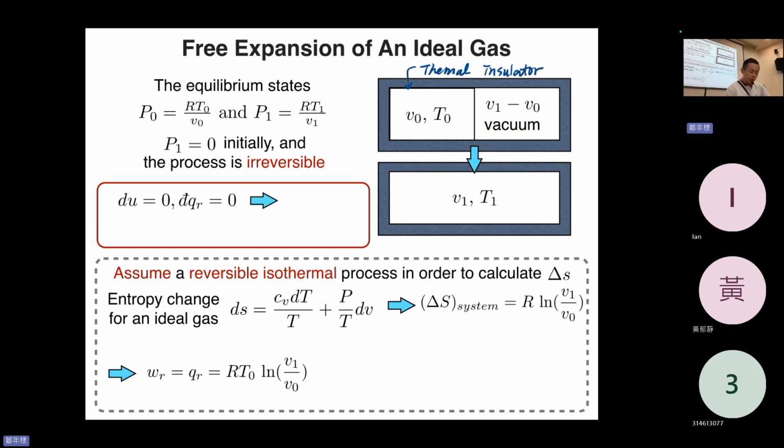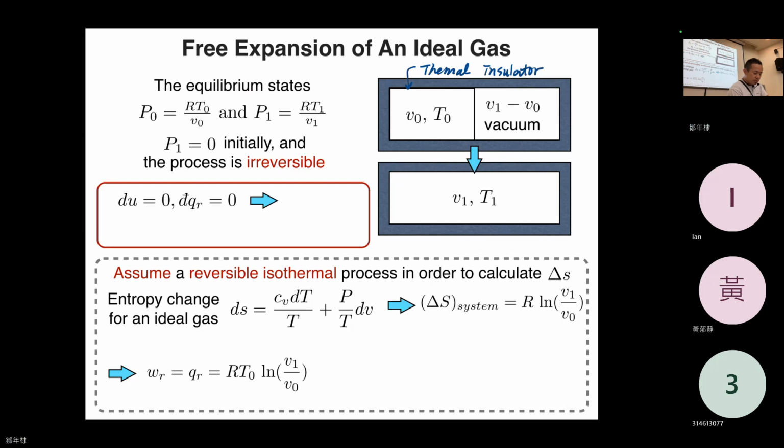It will reach T1. Of course, you can imagine there's no heat exchange, so T0 and T1 are almost the same. We are going to look at the equilibrium states.